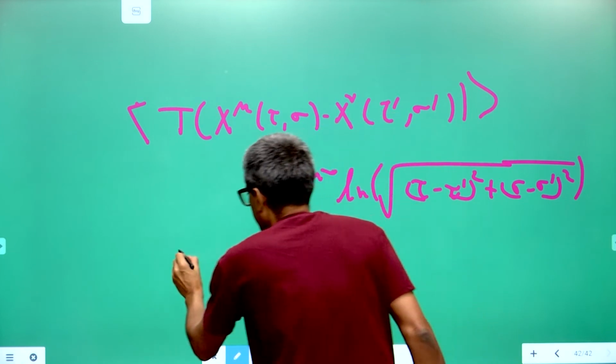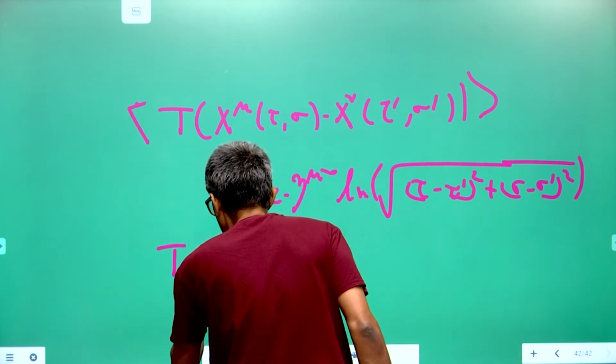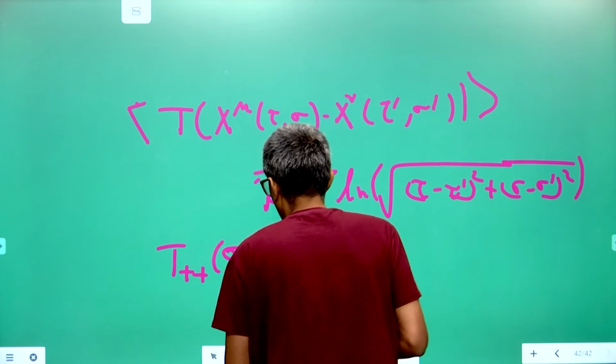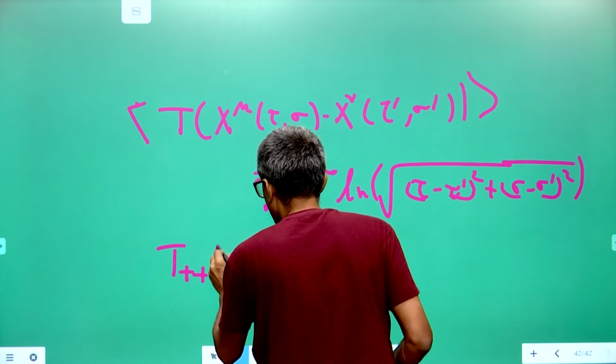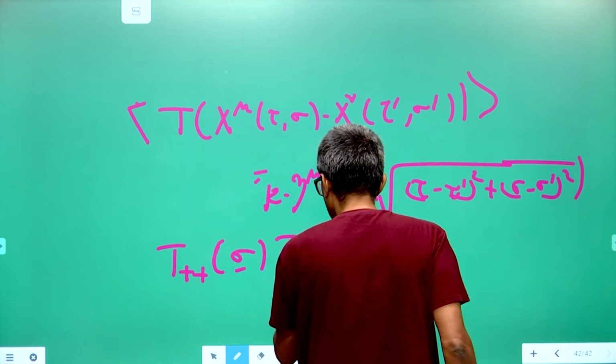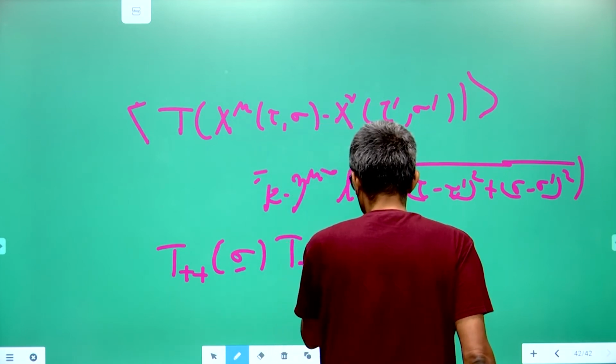Now you compute the energy momentum correlations. You saw that you could write it as T_{++} at σ, where I denote (τ,σ) as a single vector variable σ, and T_{++} at σ'.